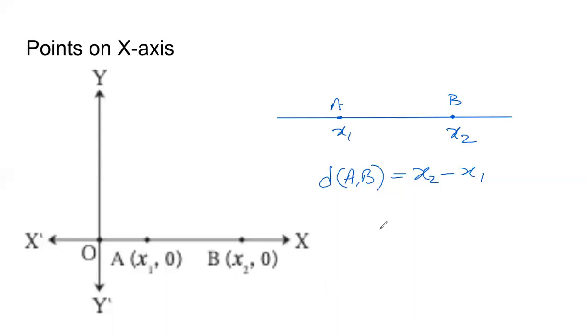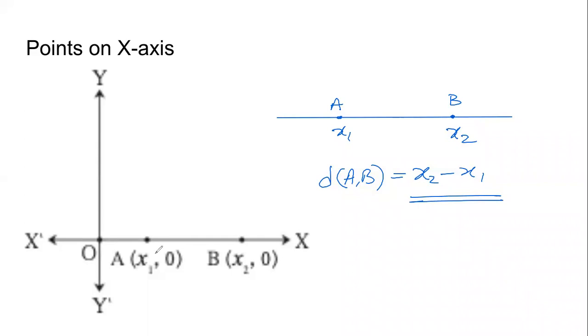Now, if the 2 points are on one line and that line happens to be the x-axis, we can just ignore the y coordinate and simply use this formula to find the distance between two points on the x-axis: x2 minus x1.